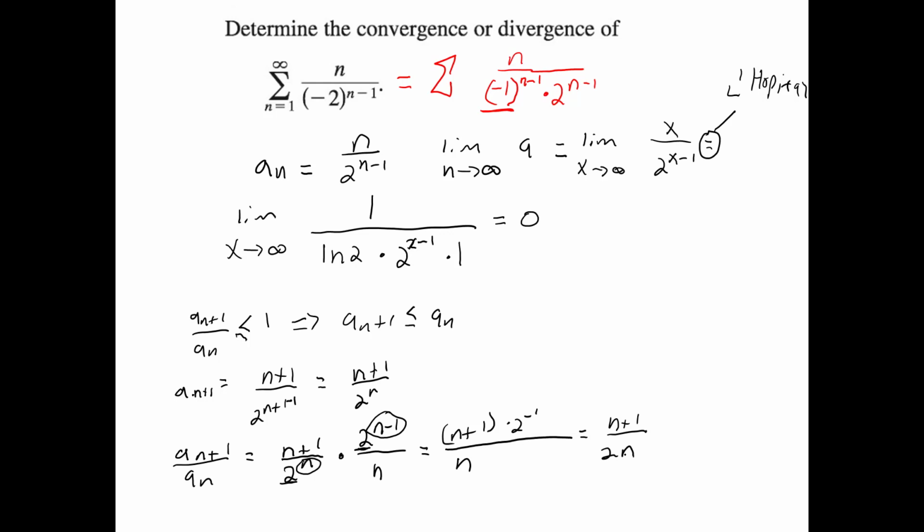It doesn't matter if it's always decreasing as long as it's eventually decreasing. What happens in the first couple terms doesn't matter, right? So maybe it'll be decreasing after the first 100 terms, and that's okay, because we could add those first 100 terms up beforehand. That will be finite. We add it with the rest of it, and so the whole thing will be finite. But here, after 1, the ratio is going to be less than 1, therefore decreasing.